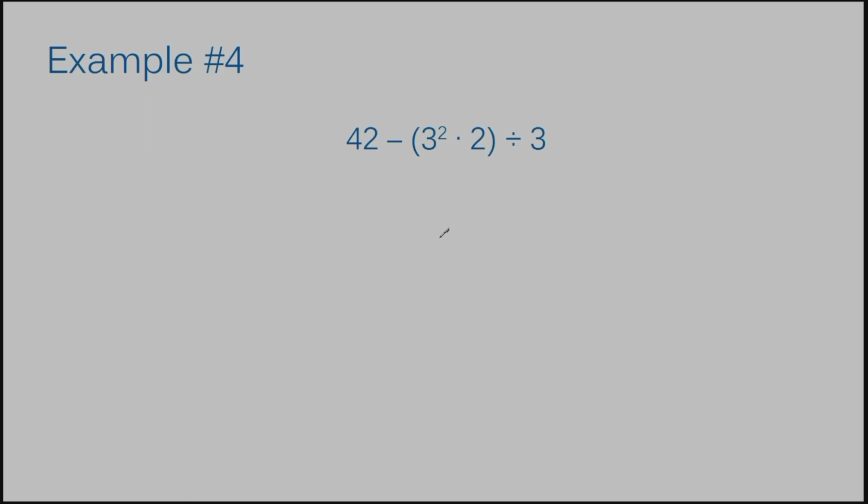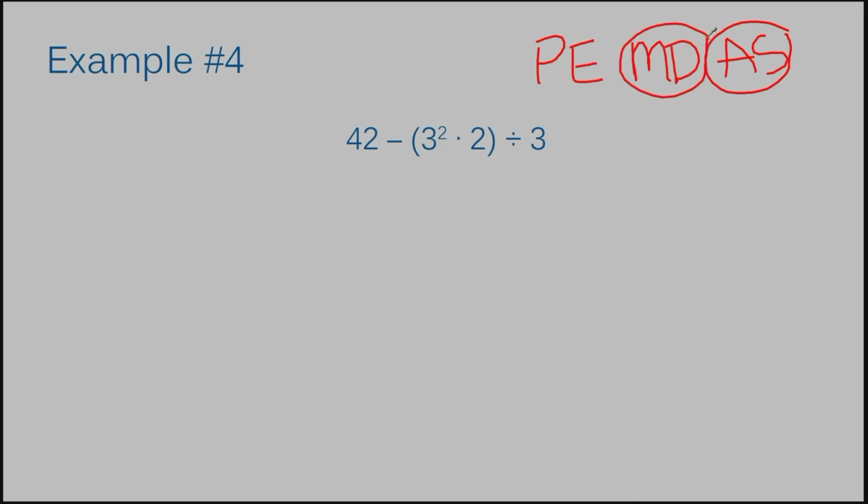Example number 4. I'm going to start by writing my acronym for PEMDAS. Circle my A and my S and my M and my D. Okay, now from left to right, I'm going to pick out any parentheses that I have.